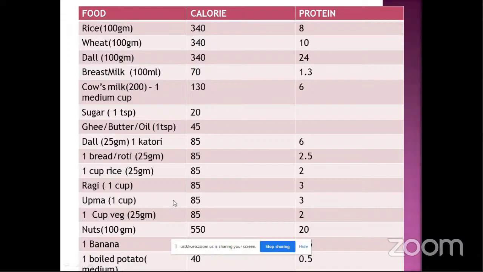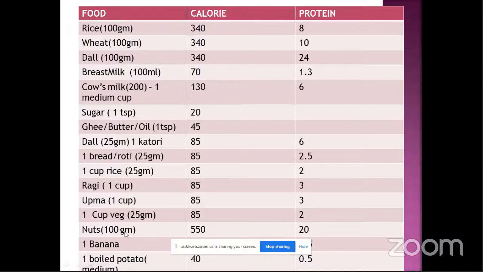1 cup of vegetable, be it any vegetable or mixed vegetable, we cannot remember each and every vegetable separately, so make it a whole figure. 1 cup of vegetable, that will be 1 serving, which is again 85 kilocalorie, and the protein will be again 2.